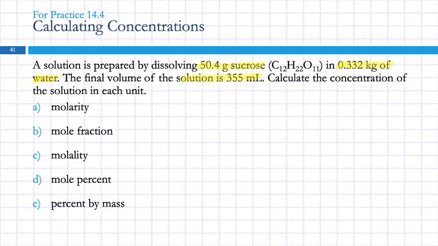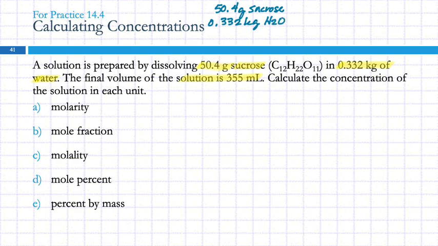So I'm going to write those things up here because we're going to need all of that space. So I've got 50.4 grams of sucrose, which is table sugar. I've got 0.332 kilograms of water.